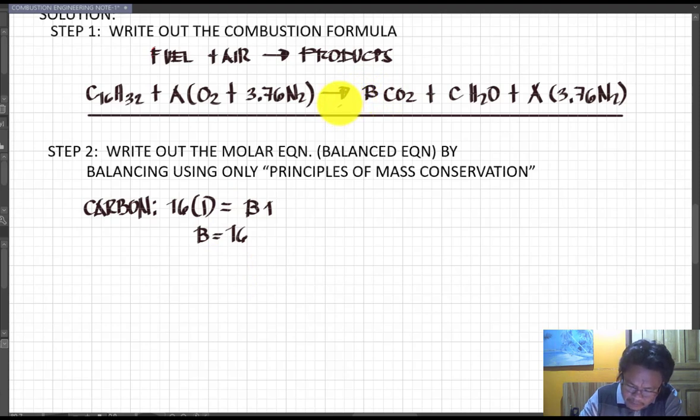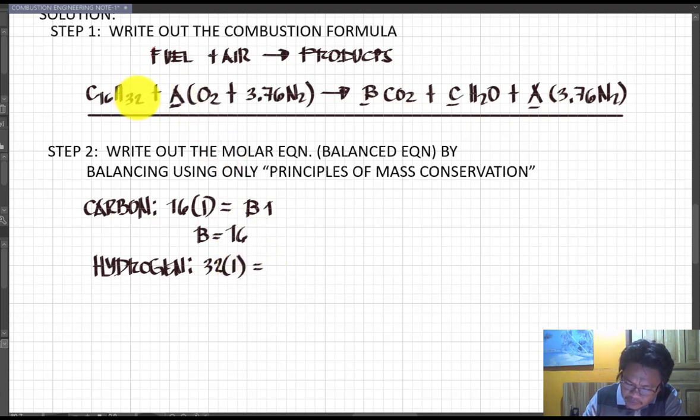Then let's go for the hydrogen. For hydrogen naman, no? What we have there is 32 times 1, which is equal to the fuel on the other side for the product. So we have 2. B, C, and A are the unknown values.